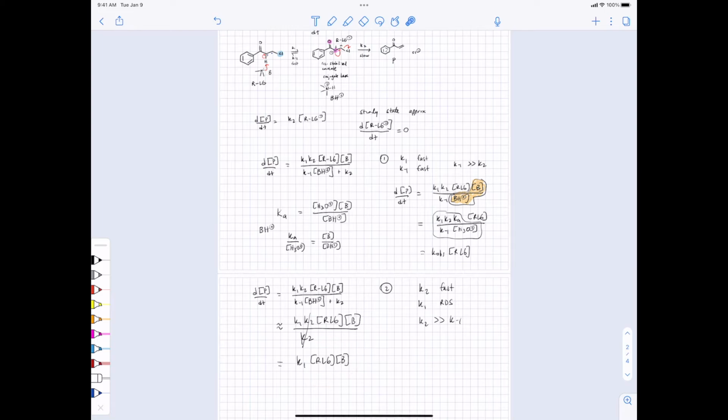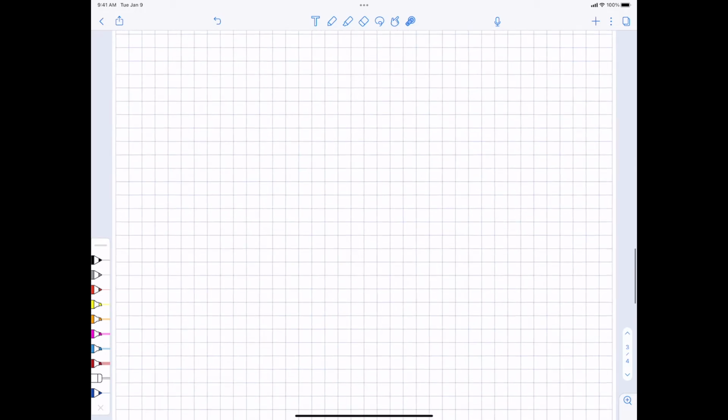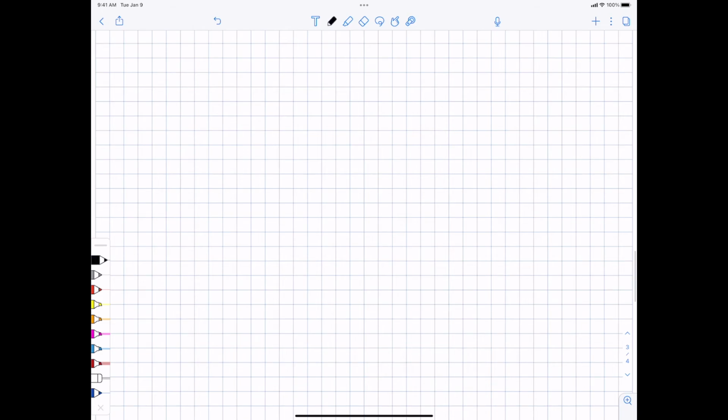There's sort of a continuum between the ideal E1CB reaction and the classic E2 reaction. So people sometimes think about this in terms of those annoying overhead More O'Ferrall-Jencks plots.